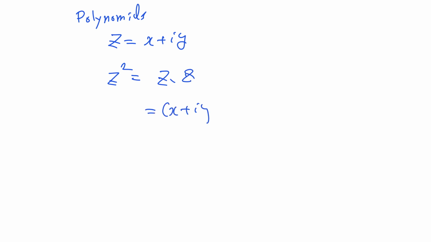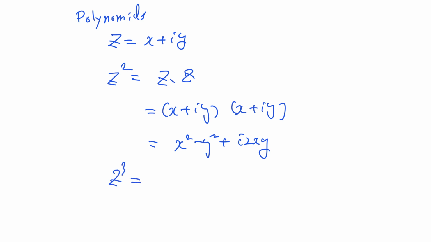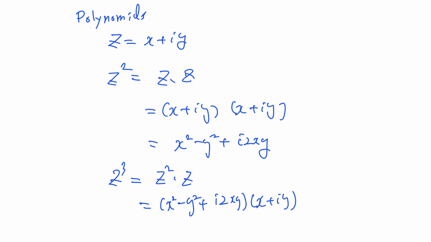X plus iy, x plus iy, x square minus y square plus I2xy. Z to the cube, z squared times z, which is x squared minus y squared plus I2xy, x plus iy.